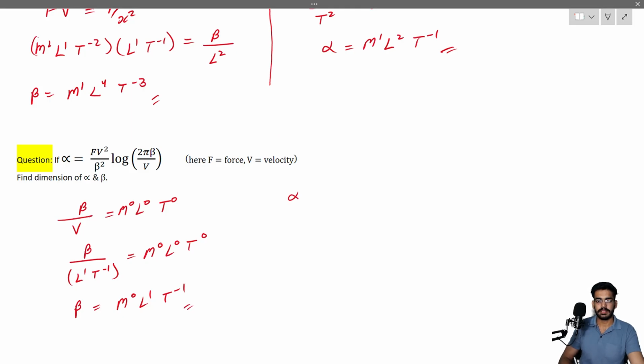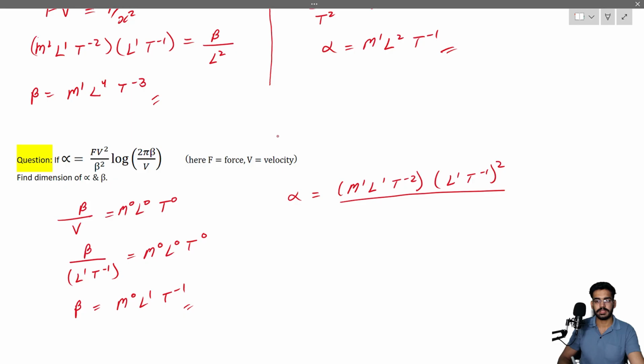Now let's write down alpha. What is alpha? Log of 2 pi beta by v is dimensionless, so alpha's dimension should be equal to f v square by beta square. So alpha is equal to f, force is m1 l1 t to the power minus 2, multiplied by v square, that is l1 t minus 1 square, divided by beta square.